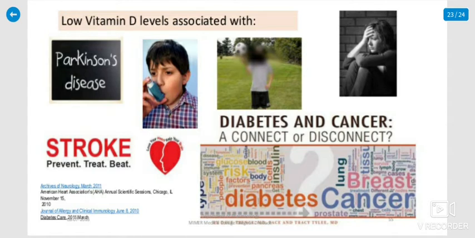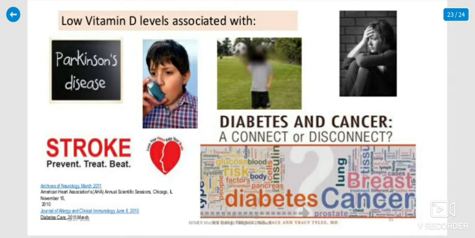Finally we conclude that low vitamin D levels are associated with Parkinson's disease and some allergic diseases like asthma, and diabetes and cancer, stroke.